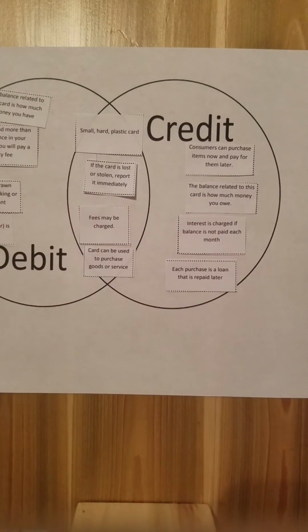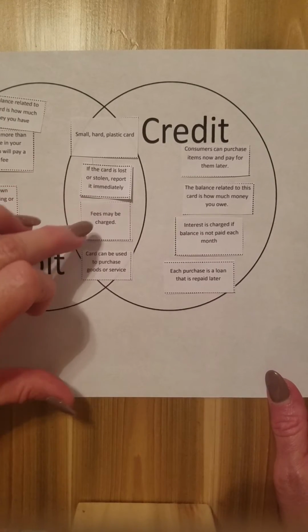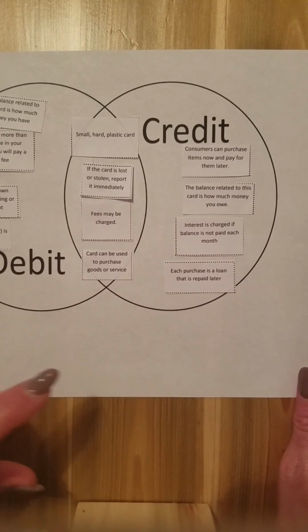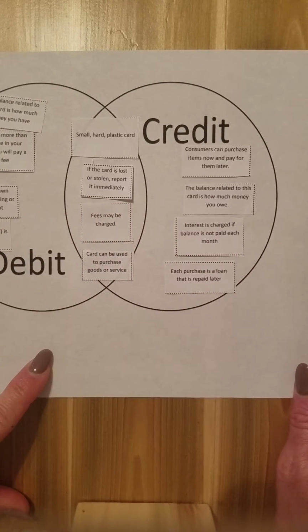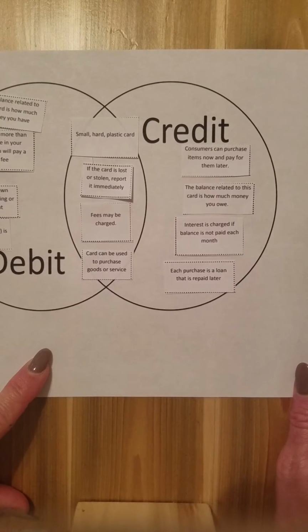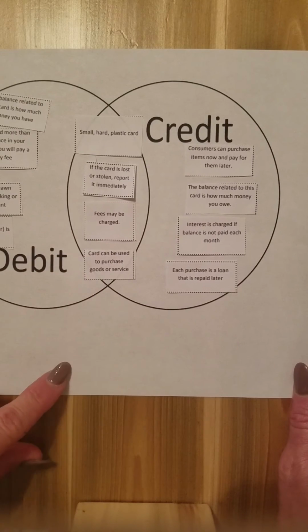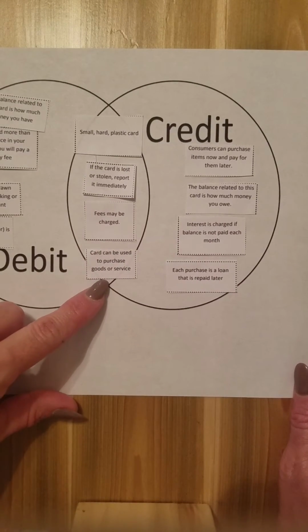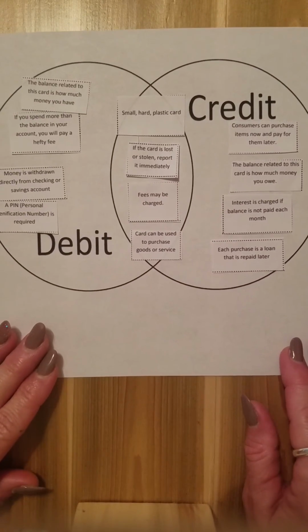You call the bank and nobody will be able to charge on your card. Fees may be charged on either one. Credit card, of course, if you don't pay on time. And a debit card, if you use a debit card to take money out of the bank and you don't use your personal bank, they may charge you fees just to use a card. And both of these cards can be used to purchase goods or services. Okay? Okay, so hopefully we have a little better understanding of that.